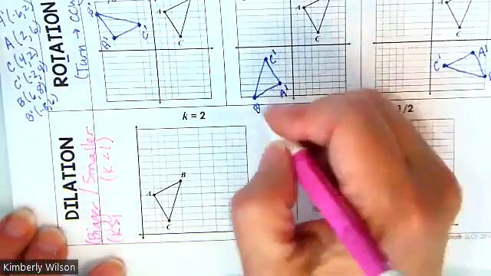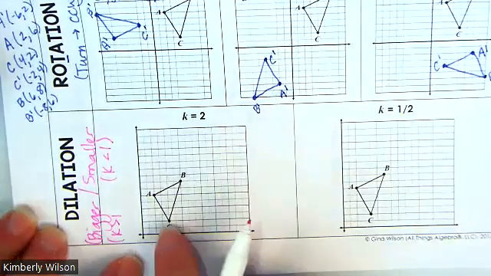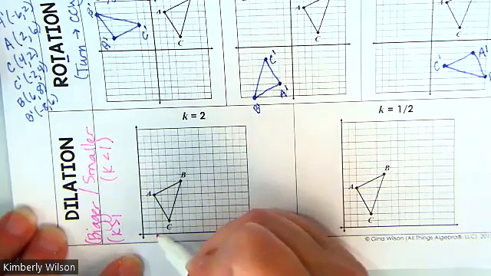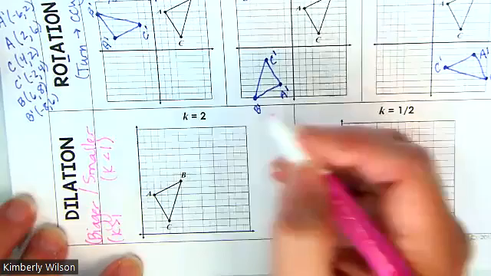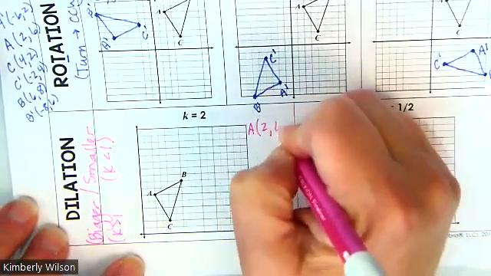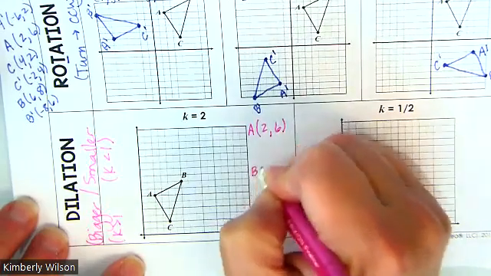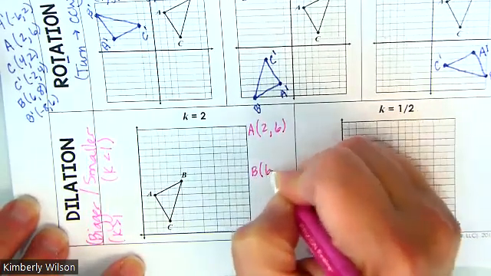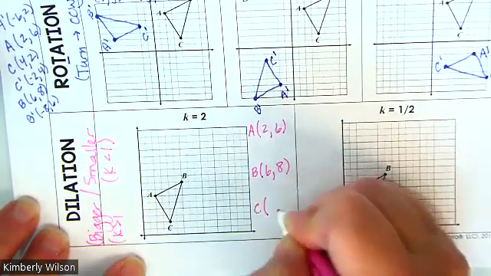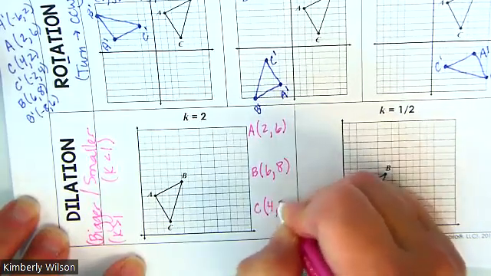Okay, this is where we've got to write down our coordinates. Oh, this is nice. They're all the same coordinates. So A is 2, 6. B is 6, 8. C is 4, 2.